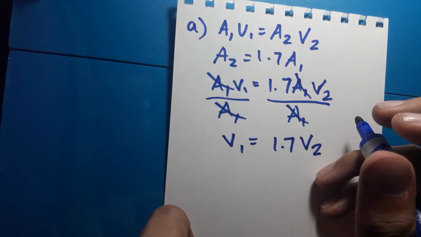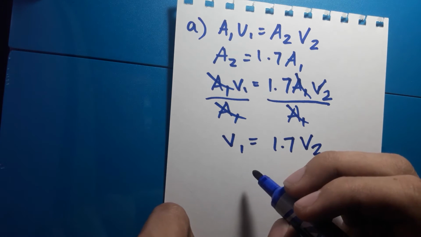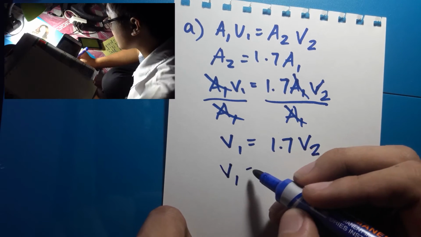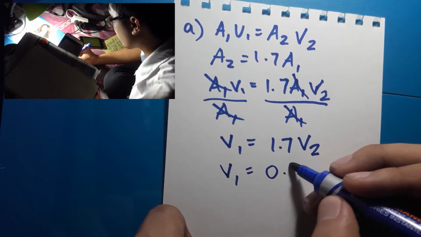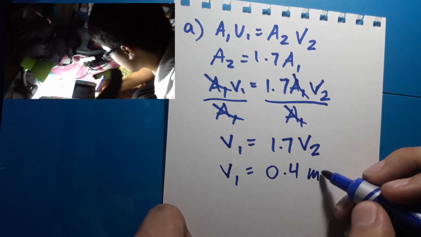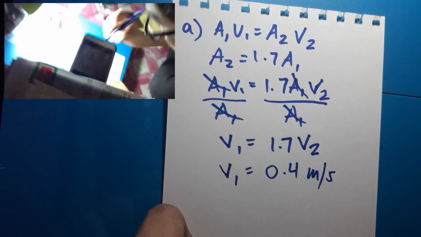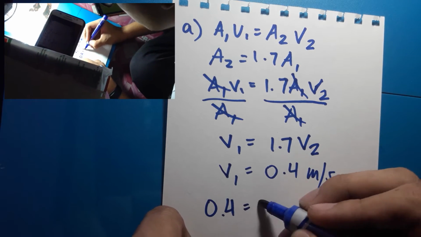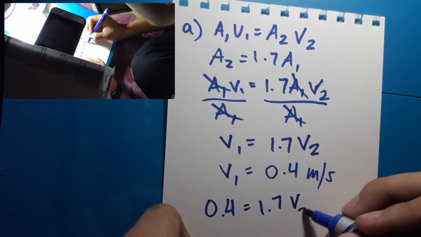In the given, V1 is 0.4 meters per second. So 0.4 is equal to 1.7 V2.